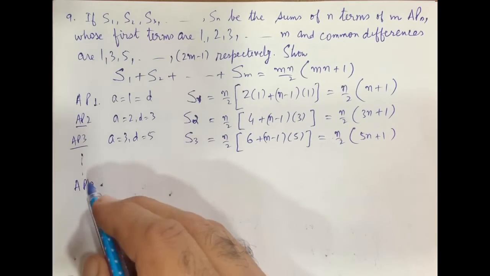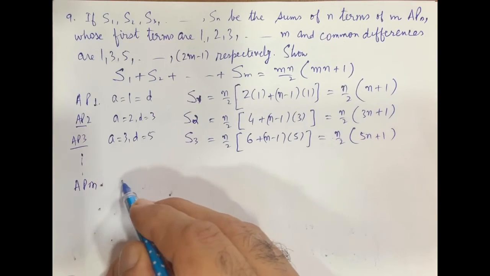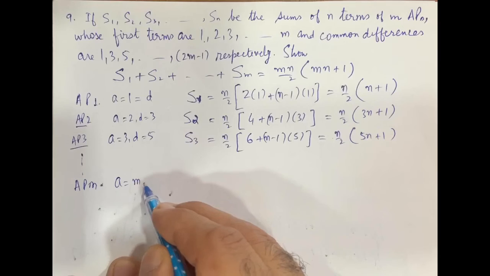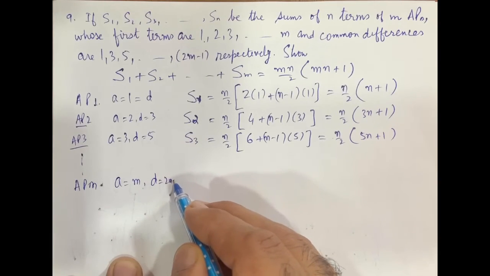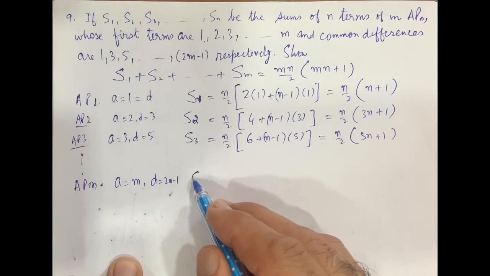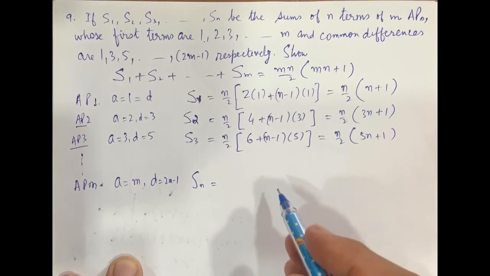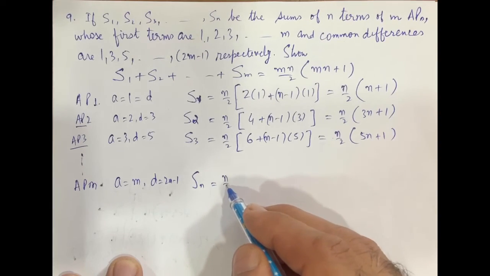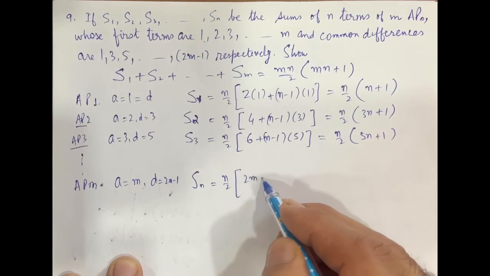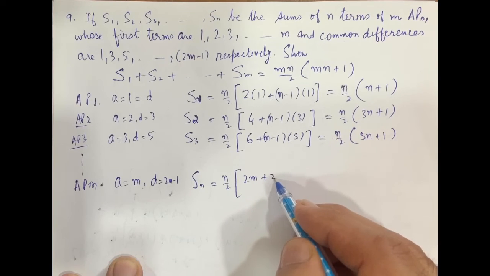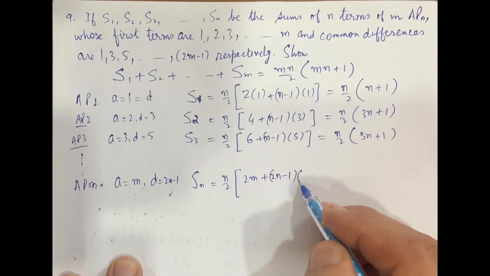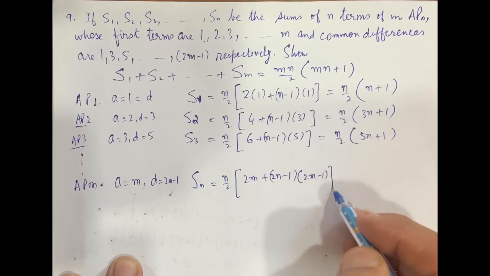This is mth AP. First term is m and common difference is 2m minus 1. And Sn is sum of n terms of this. That's 2a plus (n minus 1) into common difference of 2m minus 1.